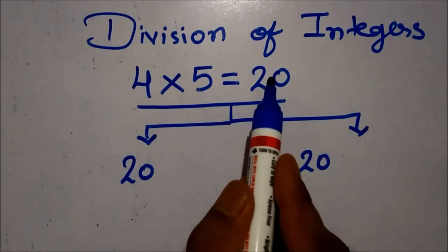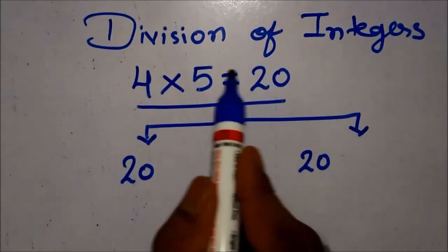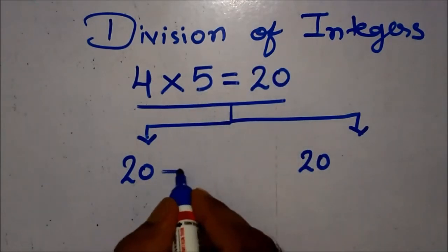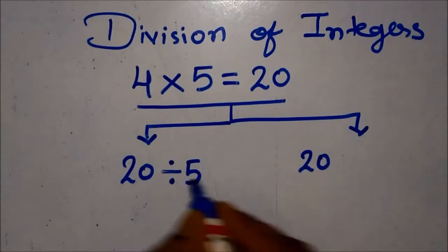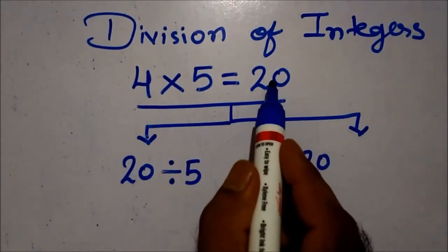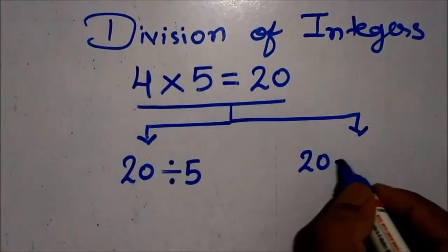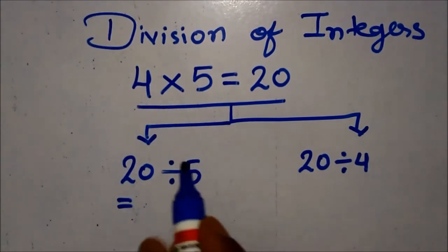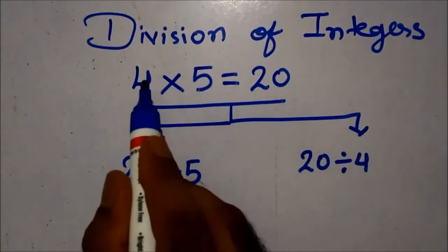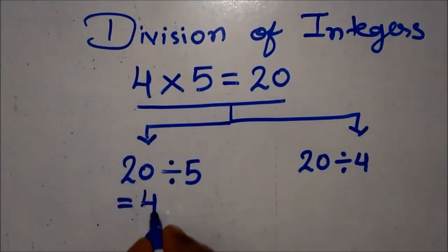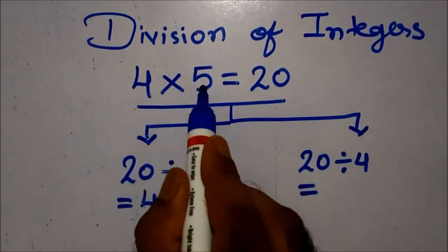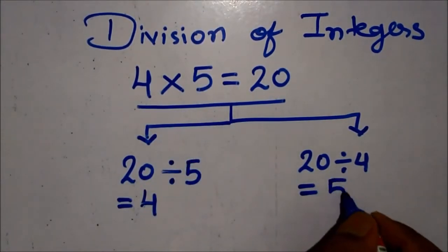Now let's divide 20 by 5, so 20 divided by 5, and in the second expression, 20 divided by 4. Then what will be the answer? 20 divided by 5, we will get the quotient 4. And 20 divided by 4, we will get the quotient 5.